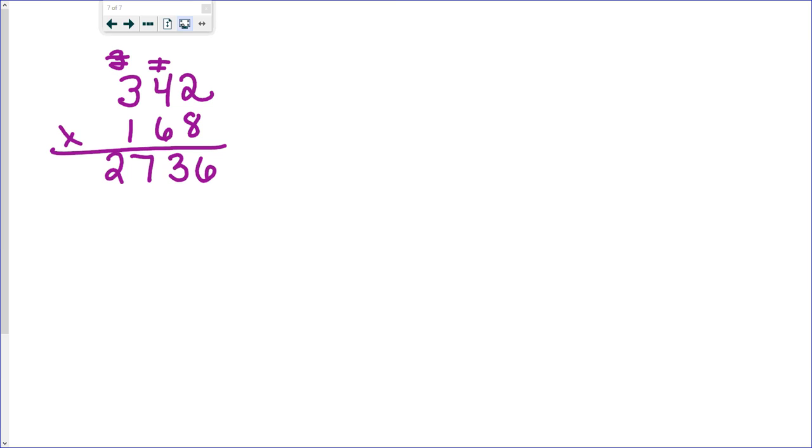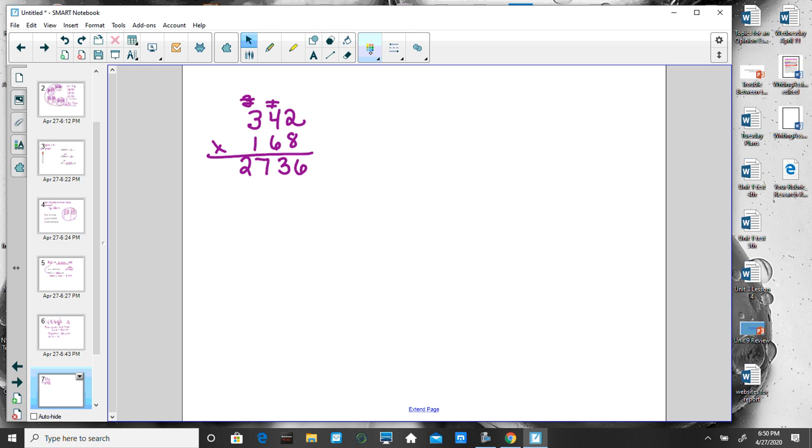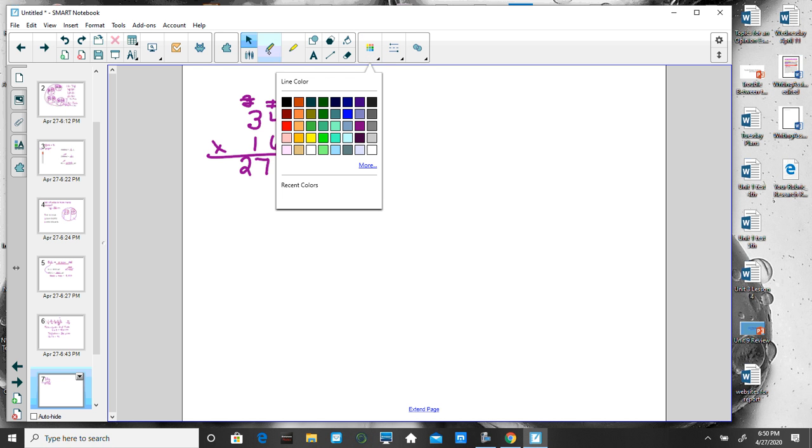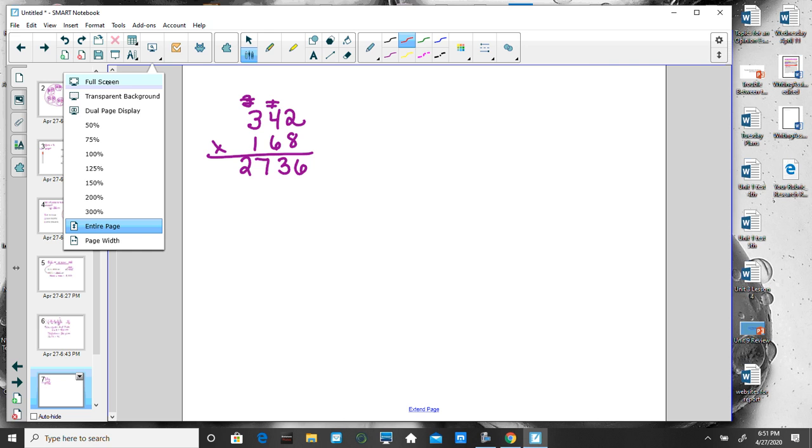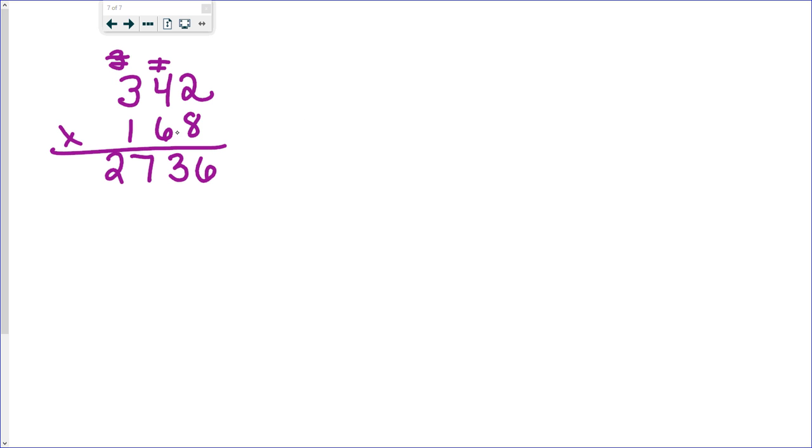I'm going to change pen colors here, hoping that this will work. Let's change it to red then for the next one. All right, so then what we do, we're done with this 8. That 8 is done. So I'm going to put a 0 here as a place value holder.